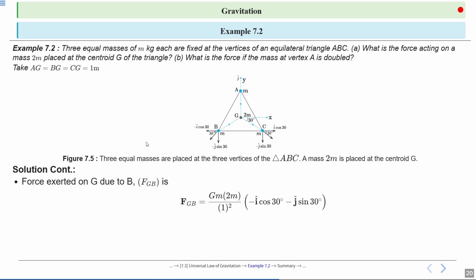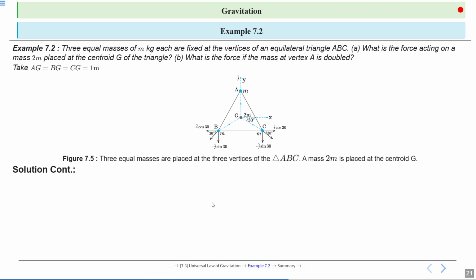So when we resolve the forces, here the force on G due to B, this is minus i cap cos 30 and minus j cap sin 30. So the force FGB is equal to Gm square into minus root 3 by 2 i cap minus 1 by 2 j cap. Alright.